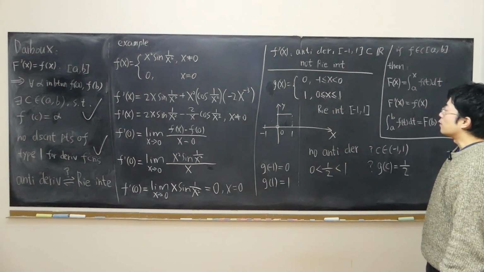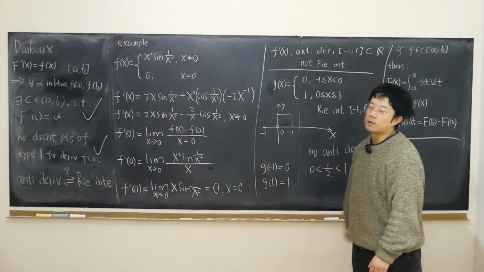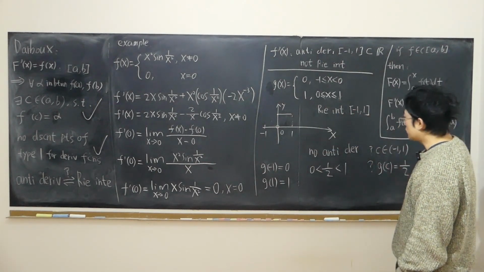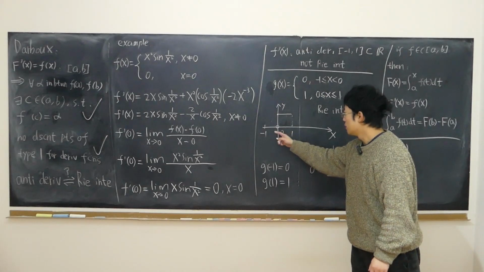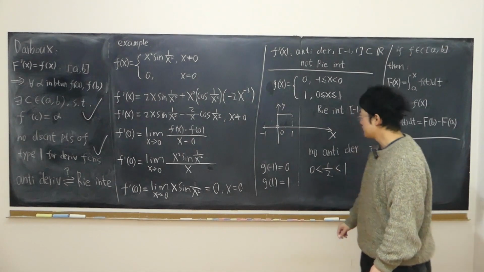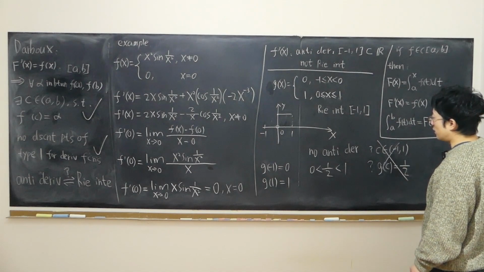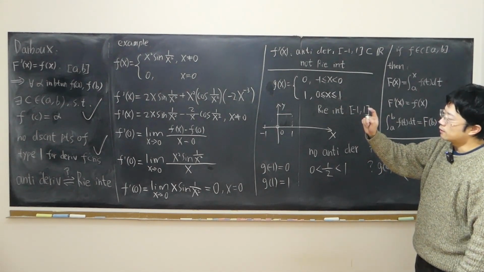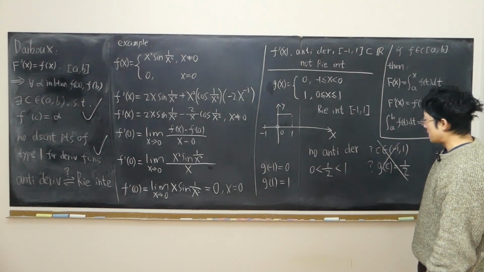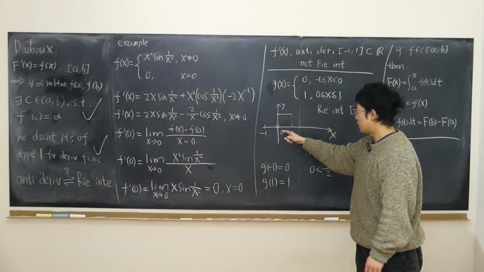No. Because the only values that the function takes are 0 and 1. Piecewise function, 0 and 1. There is no such x value that makes the function value equal to half. Can never equal half. So therefore, it contradicts the intermediate value property, which means that function g does not have antiderivative.